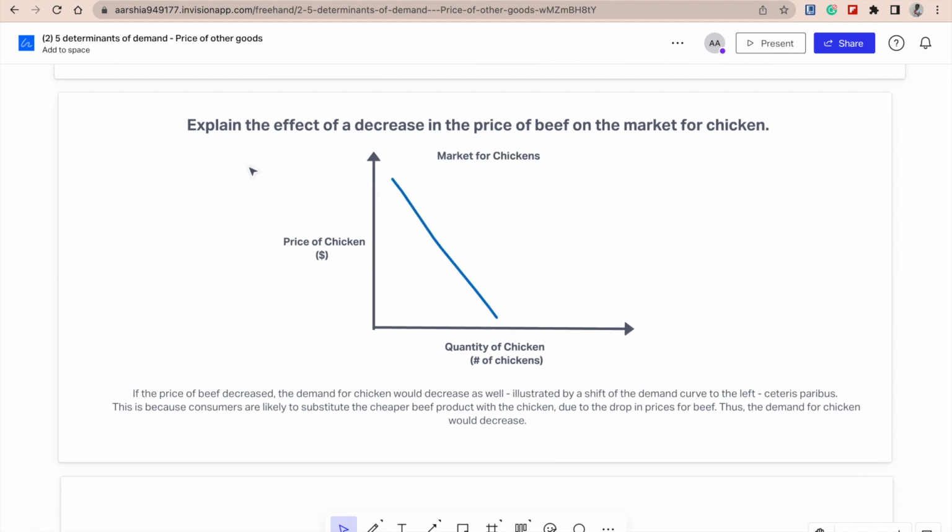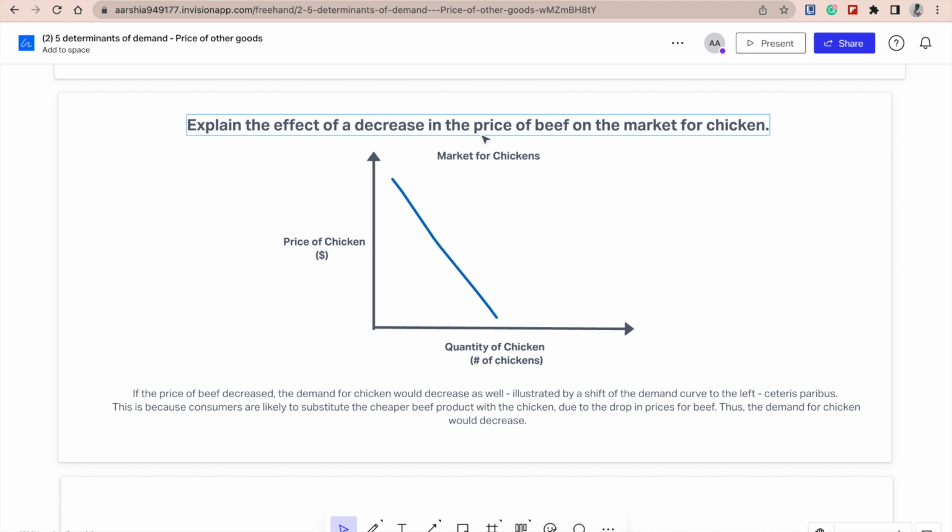Now the next question is, explain the effect of a decrease in the price of beef on the market for chicken. So looking at the two products, I'm sure you all guessed that these two are actually substitute goods. Chicken can be substituted for beef, and beef can be substituted for chicken, based on the changes in their prices.